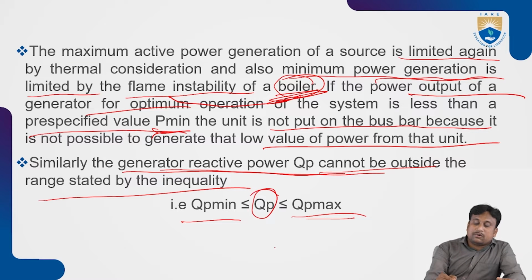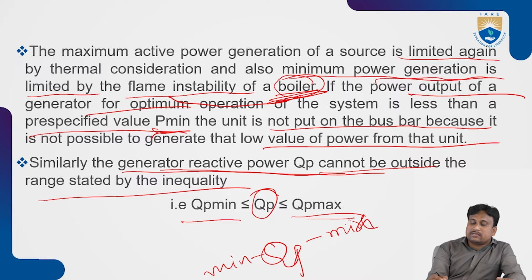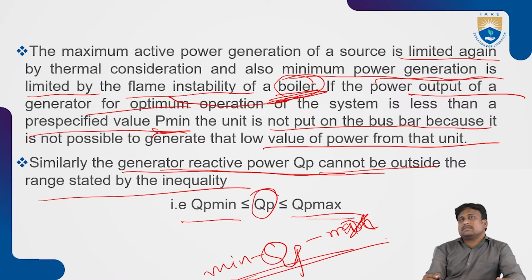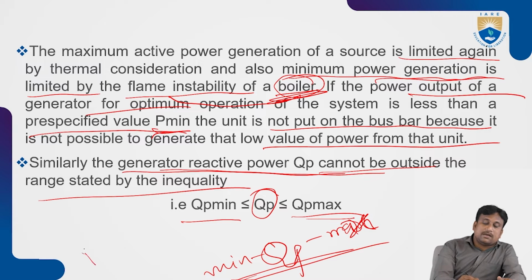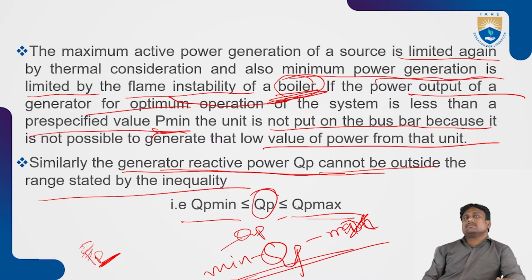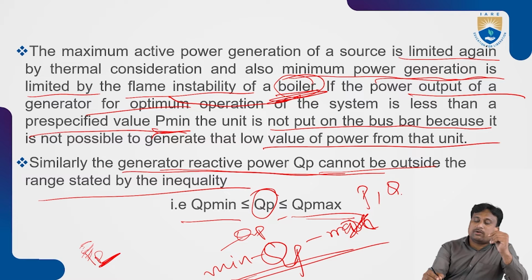Your reactive power coefficient QP also should lie between minimum and maximum. Likewise, real power coefficient PP should lie between minimum and maximum. So the inequality constraints define conditions that should be obeyed by these real and reactive power coefficients.